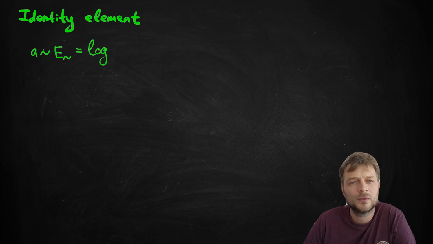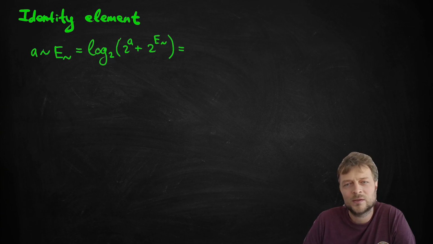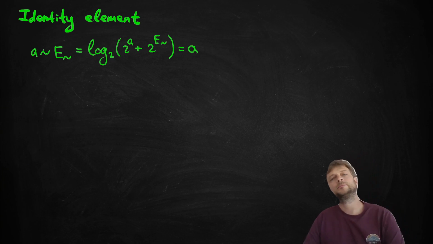Log 2, basically base doesn't matter, let's say log 2 of 2 to the power a plus 2 to the power e tilde. We want this to be equal to a, because that's the identity.